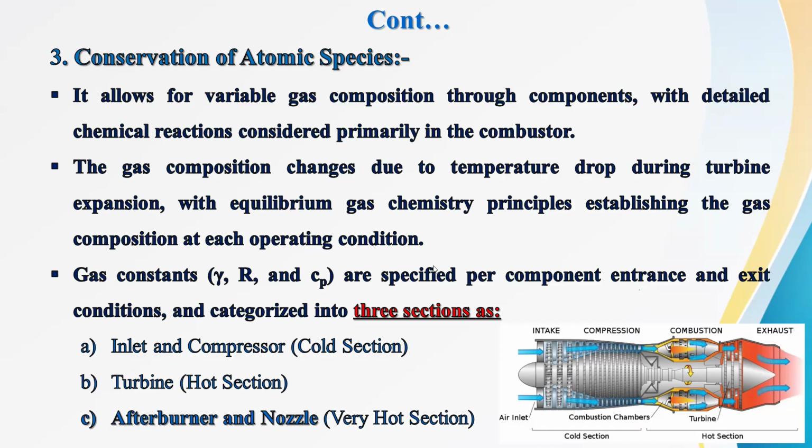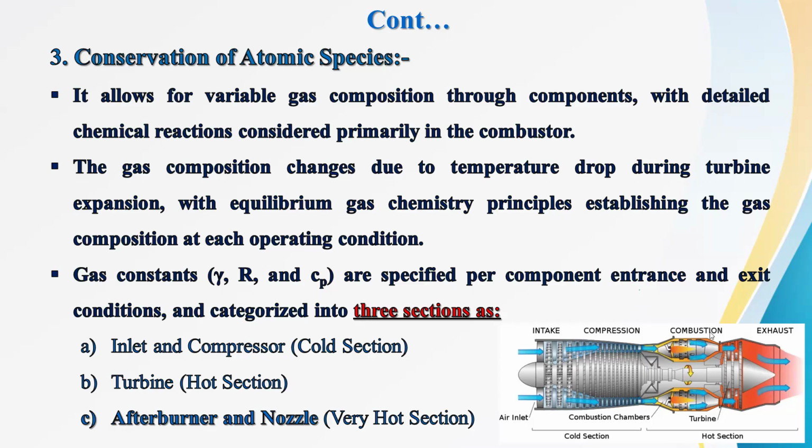Also, the engine is categorized into three sections: the cold section, the hot section, and the very hot section. As you see from this picture, you can observe the cold section from the inlet side. The intake and the compressor are considered the cold section. After that, in the combustion chamber, we can observe the hot section.